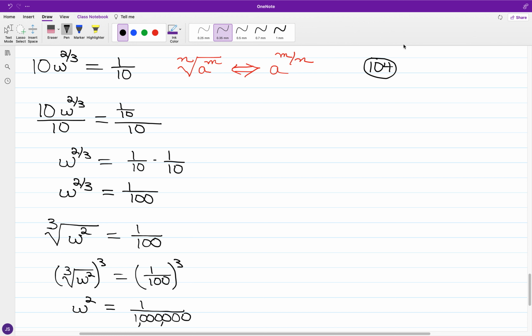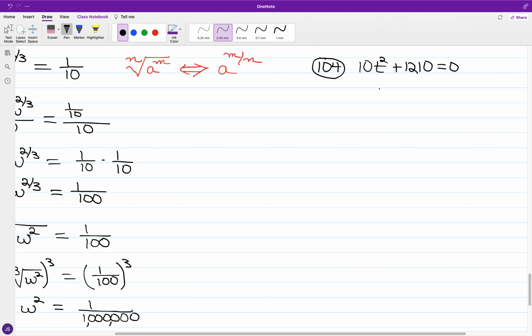And for what we have in 104, now we have in the variable t, I got 10t squared plus 1210 is equal to 0. And you have your option. You can either isolate the 10t squared or go ahead and divide by 10. There's no one pathway.